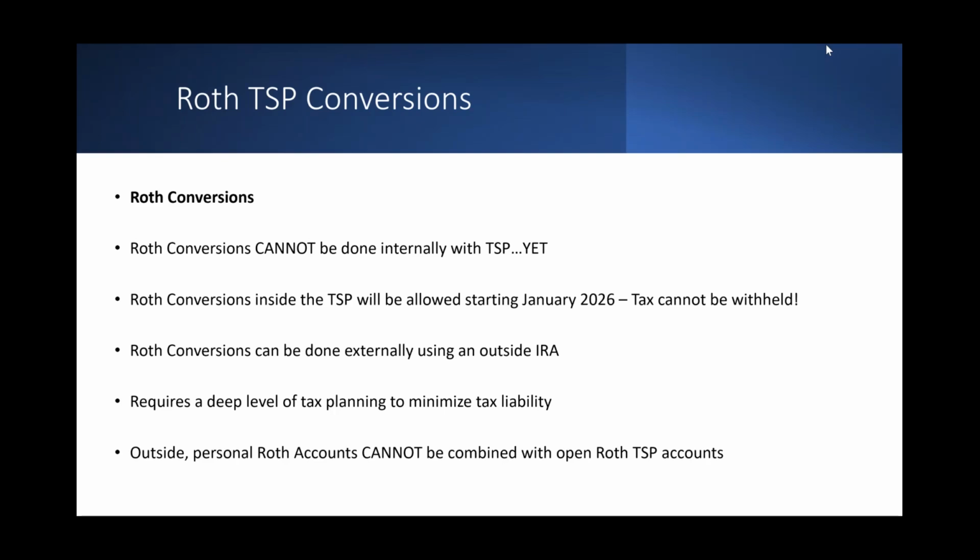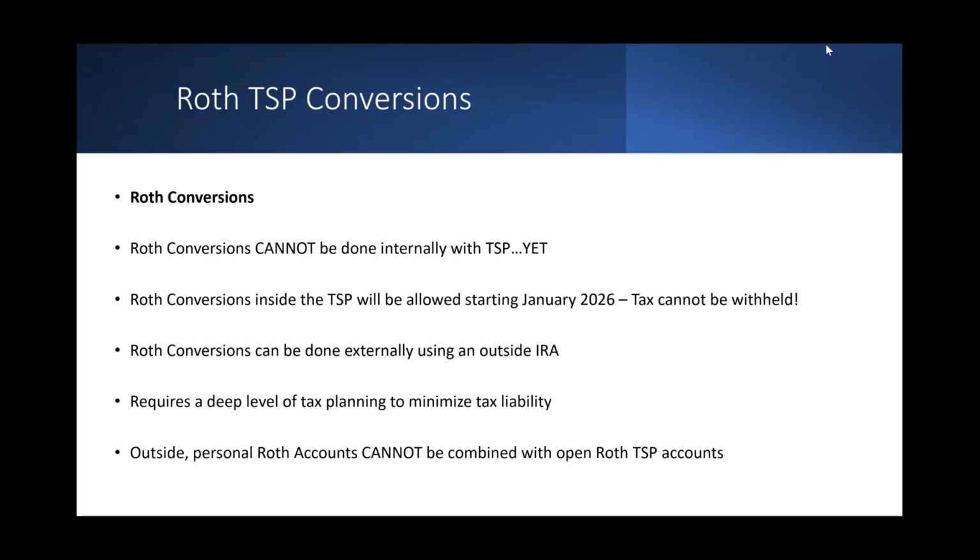Okay, so that means that instead of you having to pay $20,000 out of pocket in this example, basically what's going to happen is 80,000 out of your 100,000 is going to make it over to that Roth IRA on the outside. So you have an opportunity to do that and not have to pay the tax out of pocket. That's something that the private sector offers that TSP does not inside. Again, you have to decide what makes the most sense if you're going to do this or not. Okay, so that's an important variable there.